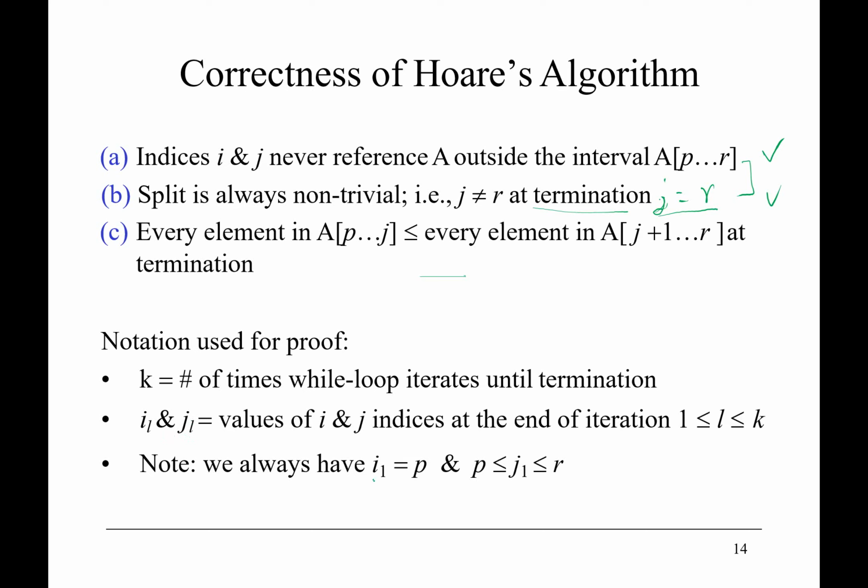And we see we always have i_1 equal to p and p smaller than j_1, less than or equal to r. This corresponds to the end of the first loop. Definitely we have the i pointer at p's position, and also j, at the end of the first loop, should be equal to r or between p and r.